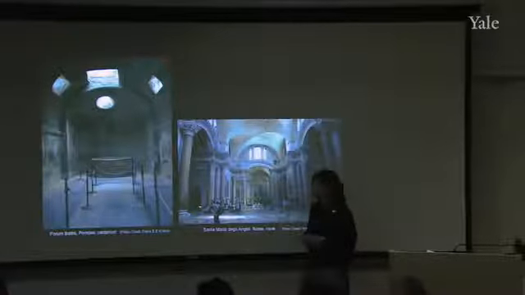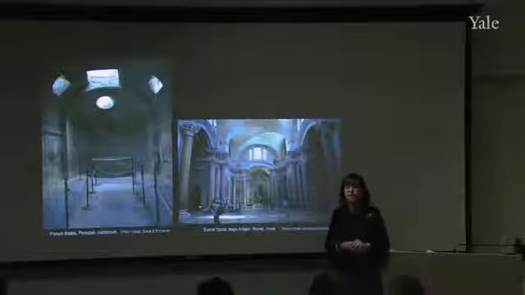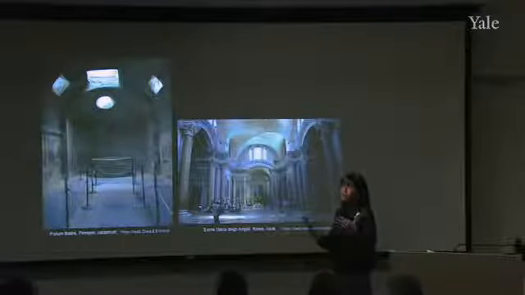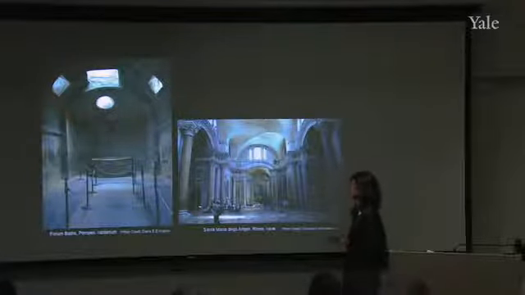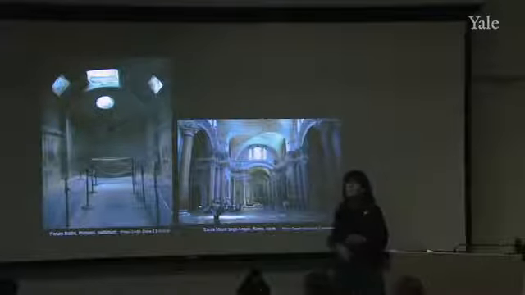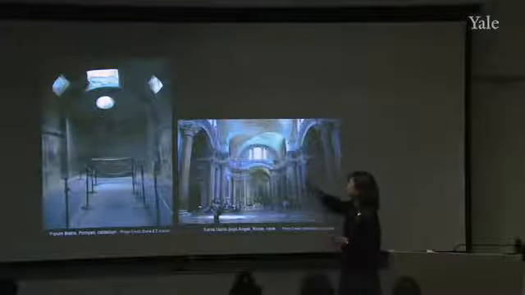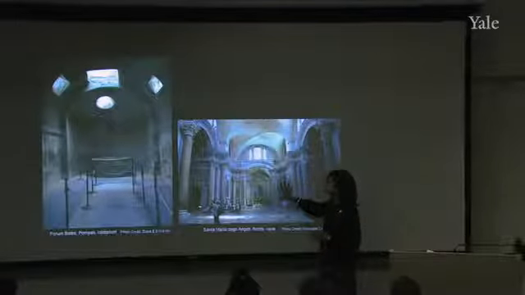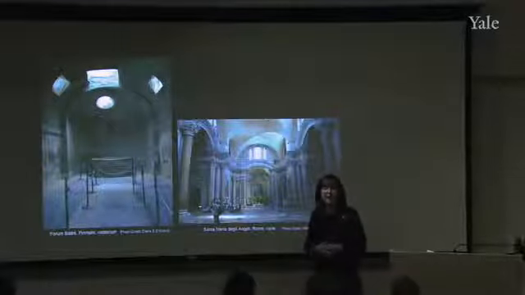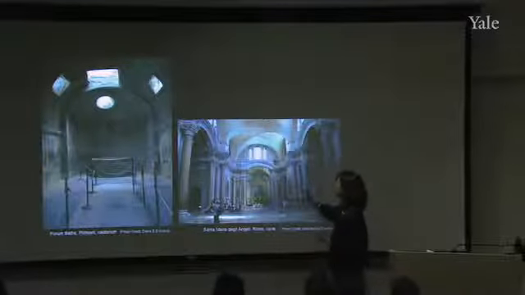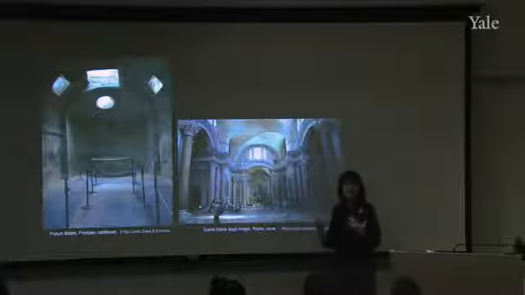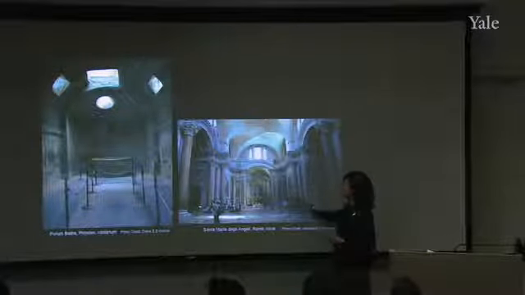The baths of Diocletian, part of which was transformed into a church, at one point decorated in part by Michelangelo. And what we're looking at here, the Church of Santa Maria degli Angeli, St. Mary of the Angels, is a view into what was the cold room, or the frigidarium, of the baths of Diocletian, but transformed into a church, used as the nave of the Church of St. Mary of the Angels.